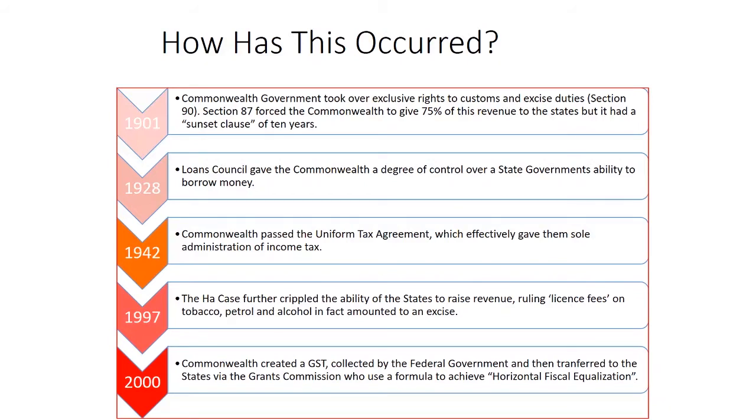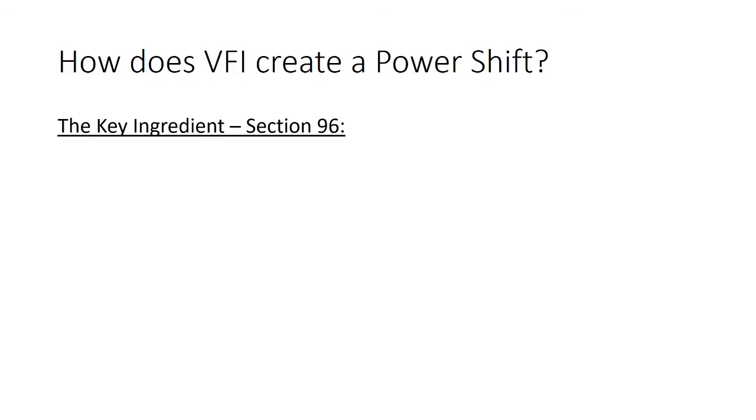So they invented a policy called horizontal fiscal equalisation, meaning, yes, the states get the money, but which states get how much money? That became a political issue ever since the implementation of the GST. Okay, so that's a bit of a rundown on the main financial reasons why there is a VFI now.